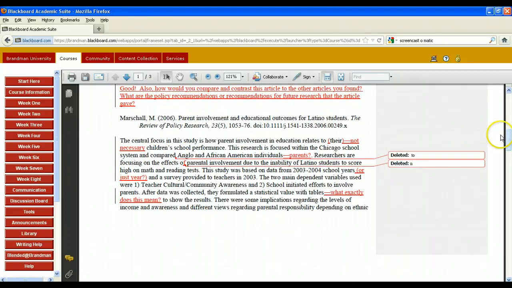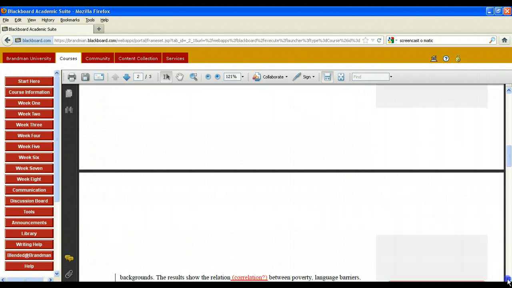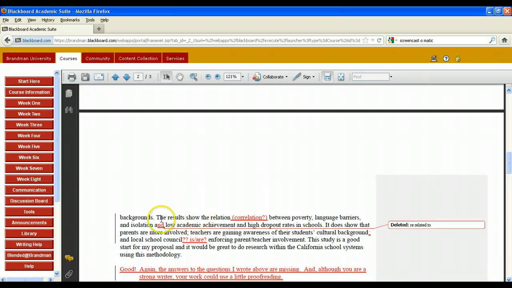Okay, so let's look at this one. The central focus in this study, so right away, what does the study do overall? This study was based on data from 2003-2004 school years. There you go, there are the methods, the 2 dependent variables. Very good. Let's see, there were some implications. That's probably starting the findings. Let's see. Yes, here the results show the relation.